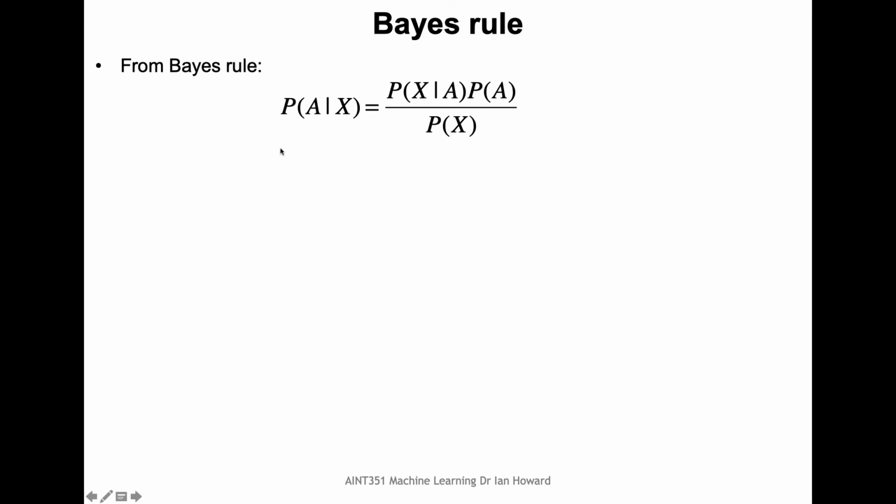Bayes' rule tells us the probability of A given X is equal to the probability of X given A multiplied by the probability of A, divided by the probability of X. In terms of our classifier, let's say A is no speech: the probability of A given the data X can be calculated as the probability of the data given class A multiplied by the probability of class A, divided by the probability of the data.